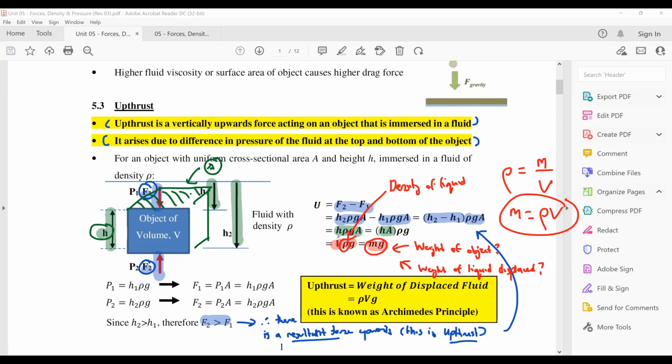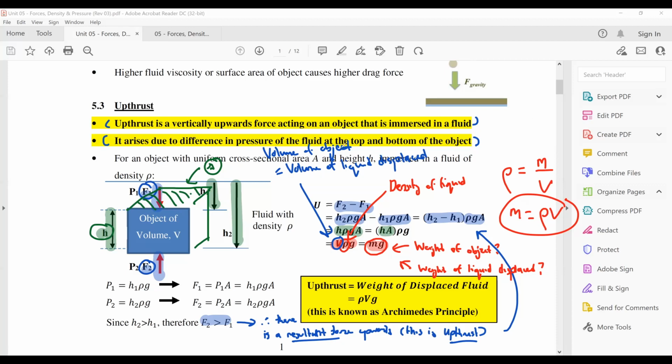Density of liquid multiplied with volume of liquid displaced gives you the weight of liquid displaced. The volume that you have here is correct to say is the volume of the object, but it's also correct to say it is the volume of liquid displaced.